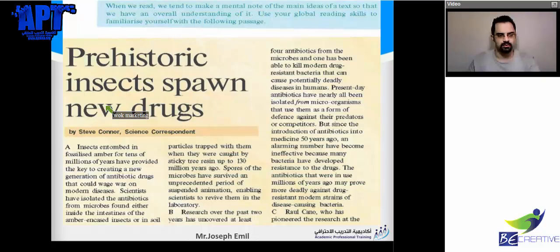Let's take a look at the text again, sorry. We have an overall understanding of the text. Once you find the main idea, underline it and then make note of it. Try to write it at the side of the margin, or try to explain the paragraph in your own words. Most of the time the main idea will be written itself. So, okay, let's take a look at A.